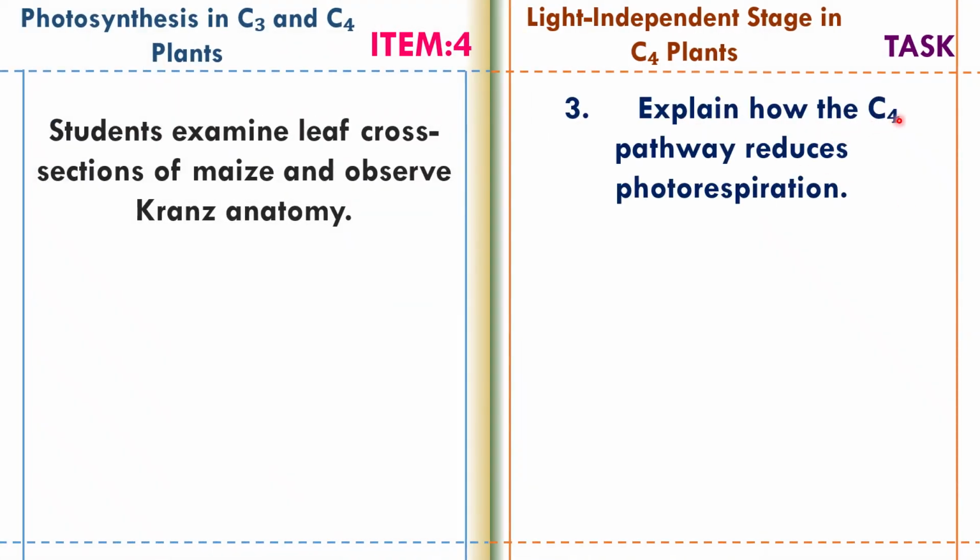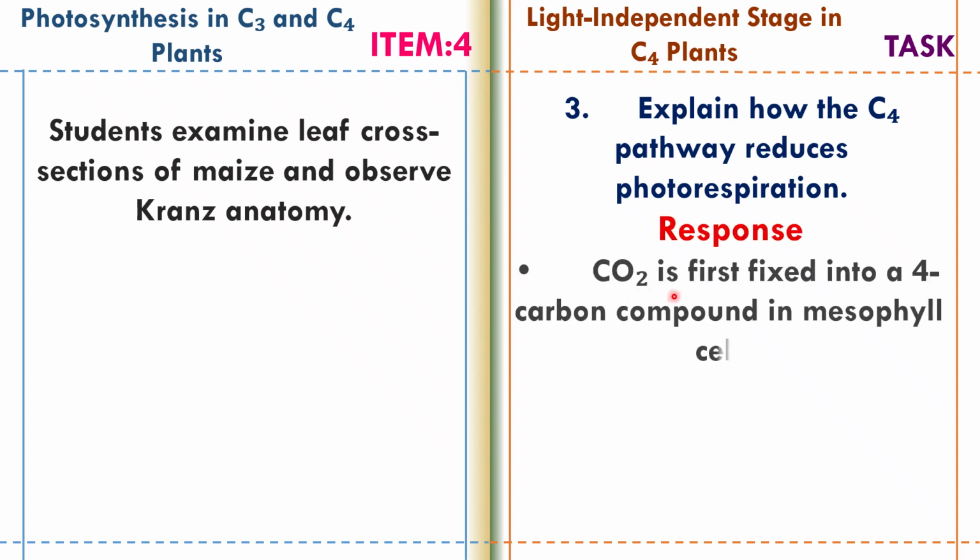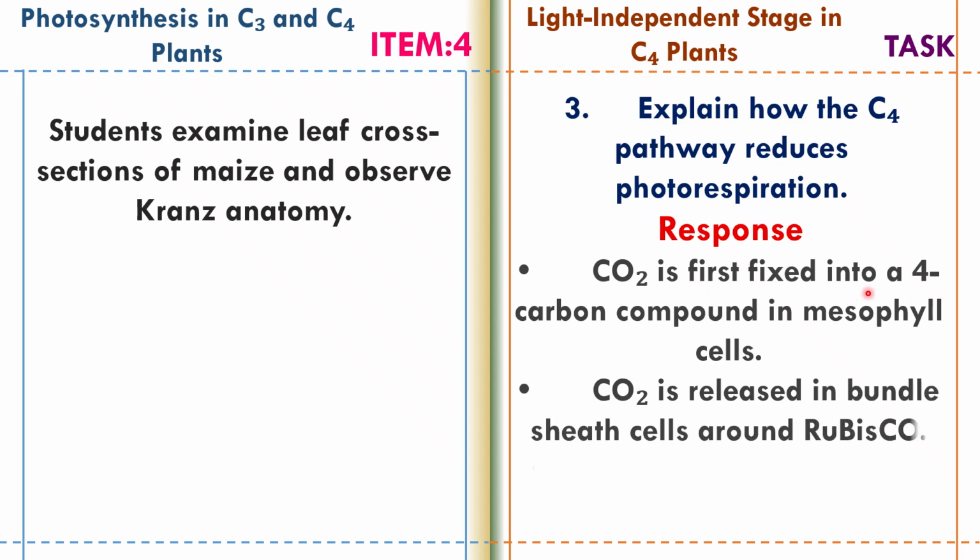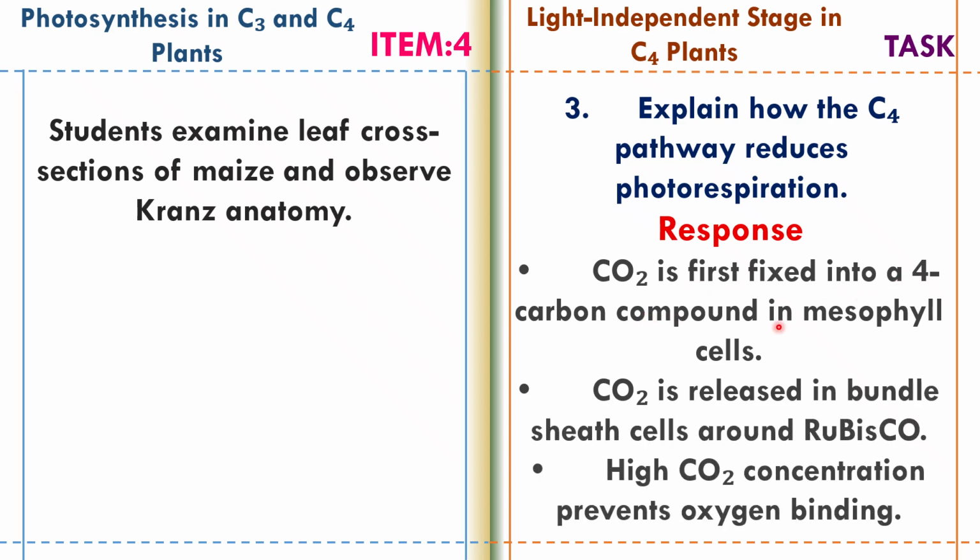Explain how the C4 pathway reduces photorespiration. Carbon dioxide is first fixed into a 4-carbon compound in mesophyll cells. Carbon dioxide is released in the bundle sheath cells around the Rubisco. High carbon dioxide concentration prevents oxygen binding.